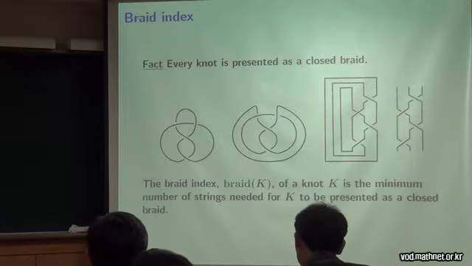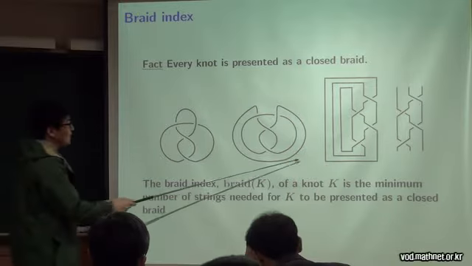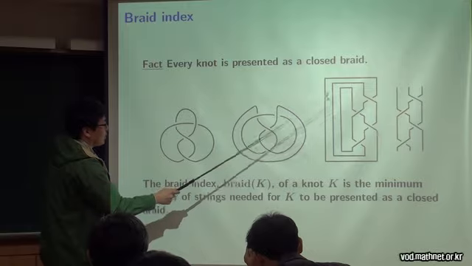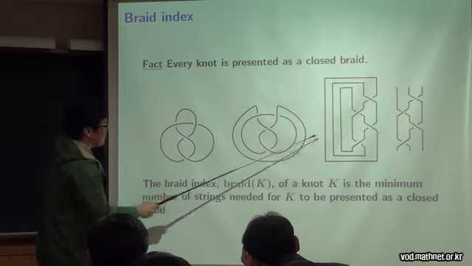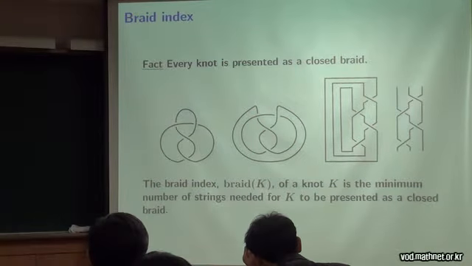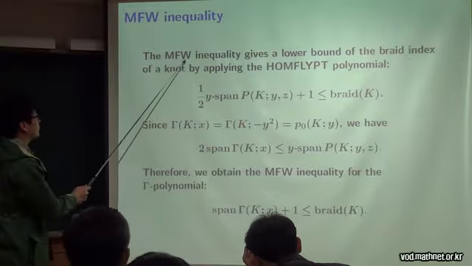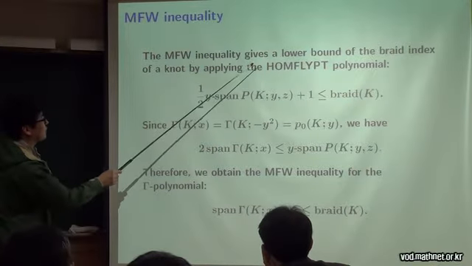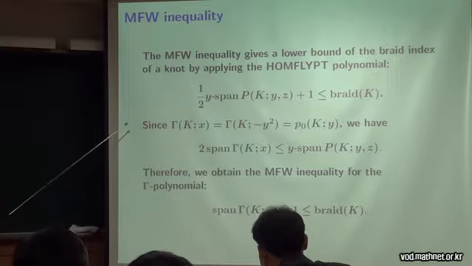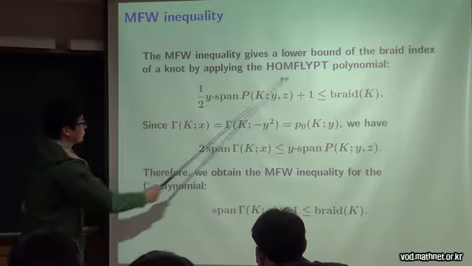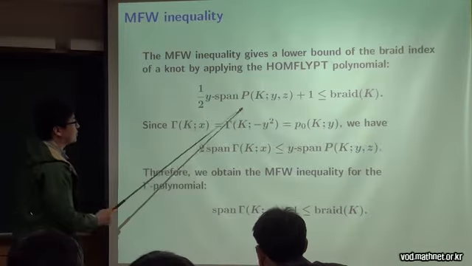A closed braid always gives an upper bound of the braid index. So we want a lower bound. It is known that the Morton-Franks-Williams inequality gives a lower bound of the braid index by applying the HOMFLY-PT polynomial. So this is the Morton-Franks-Williams inequality.